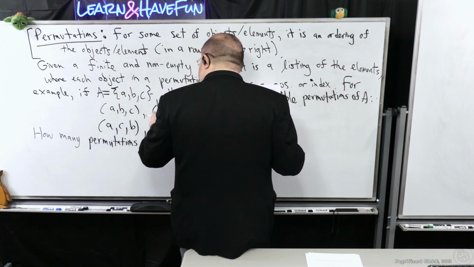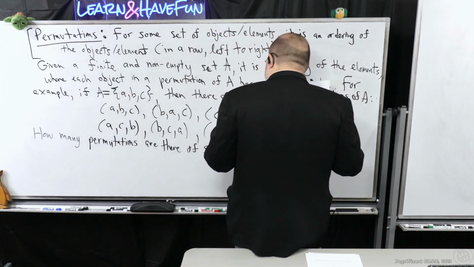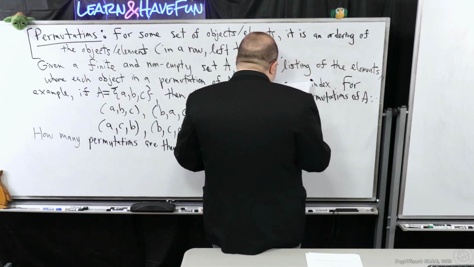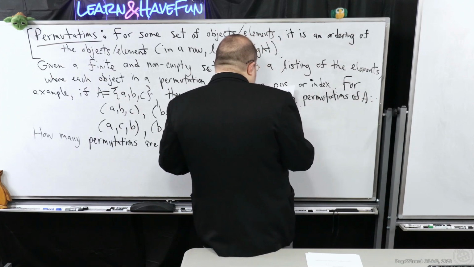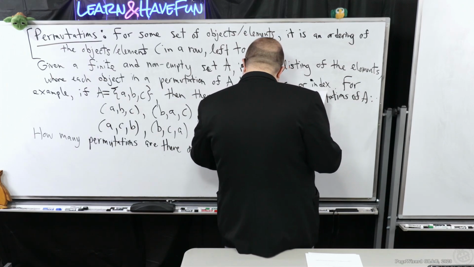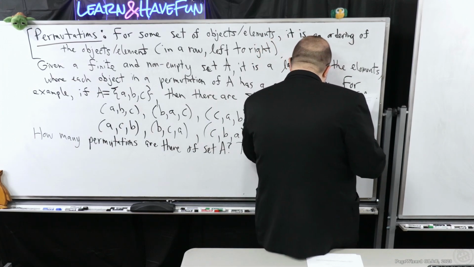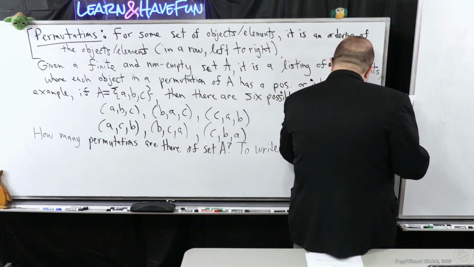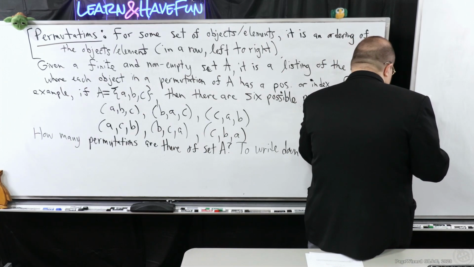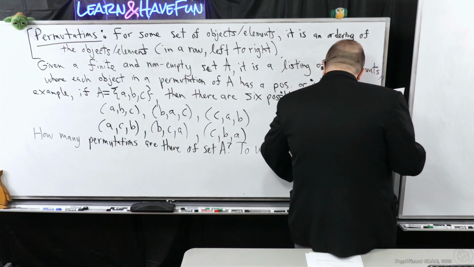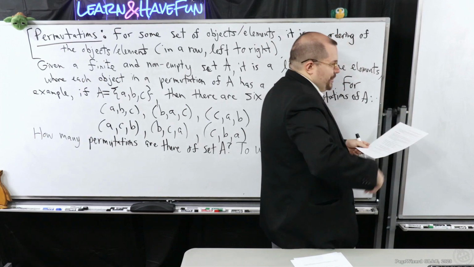So how many permutations are there of set A? Well, to write down a permutation, we do the following.